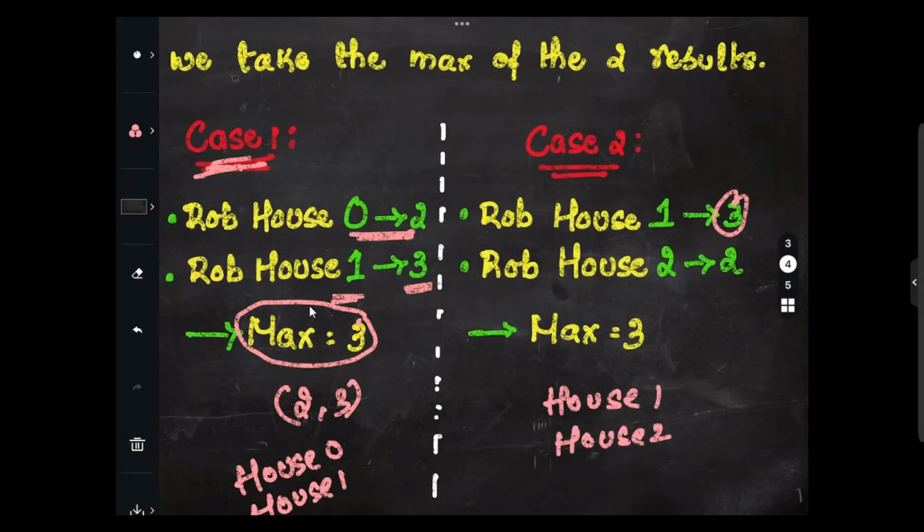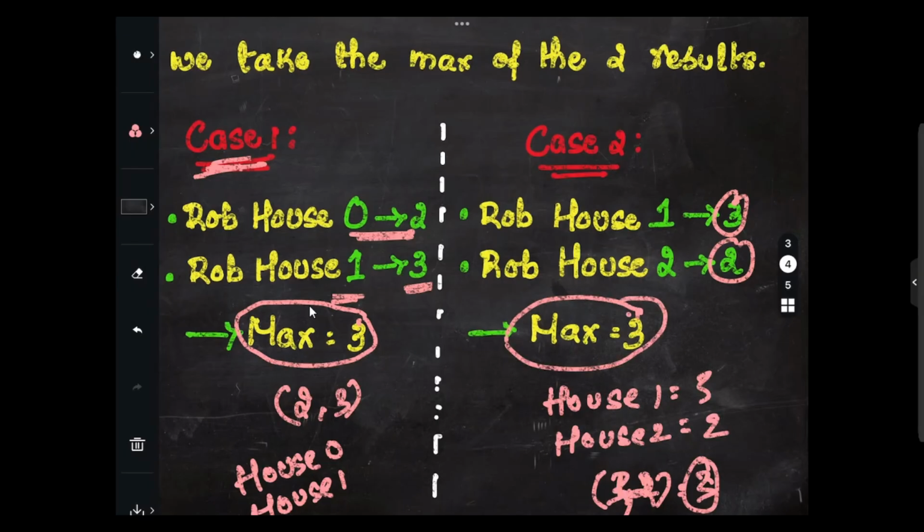House 1 has value 3 and house 2 has value 2. Max of 3 comma 2 will give us 3 itself. In this case also we got 3. So the final step is we got 3 here and we got 3.